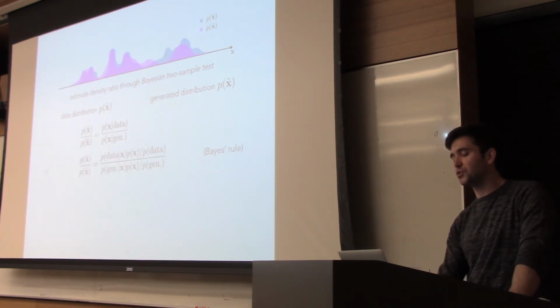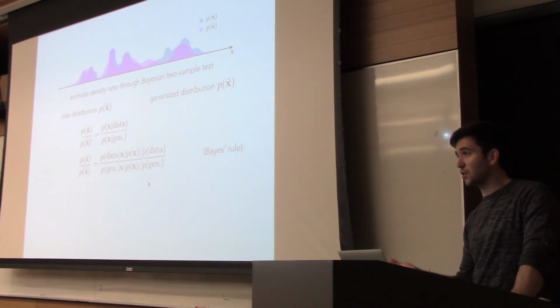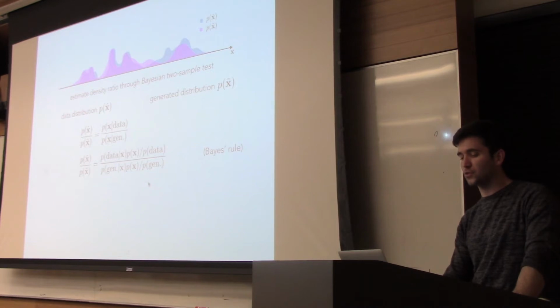And using Bayes' rule, you can write out this conditional likelihood as the class posterior probability times the marginal likelihood divided by the marginal of that class. So this is just a straightforward application of Bayes' rule to the top and bottom of this fraction.